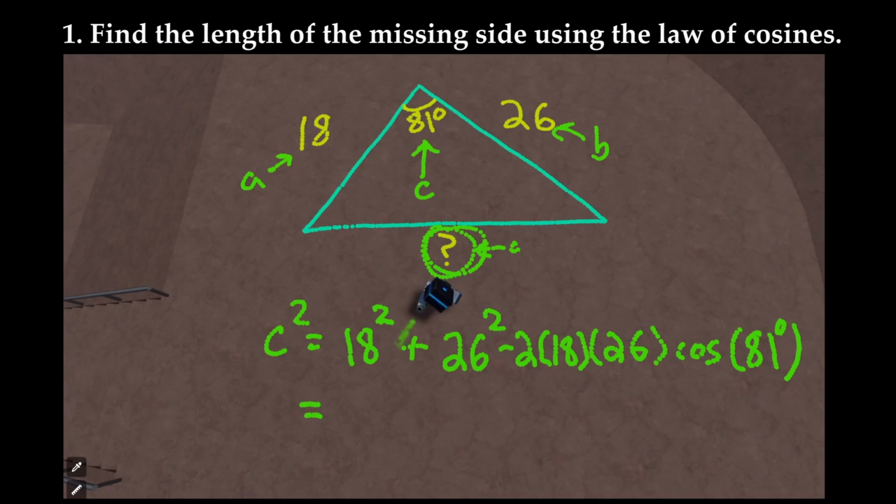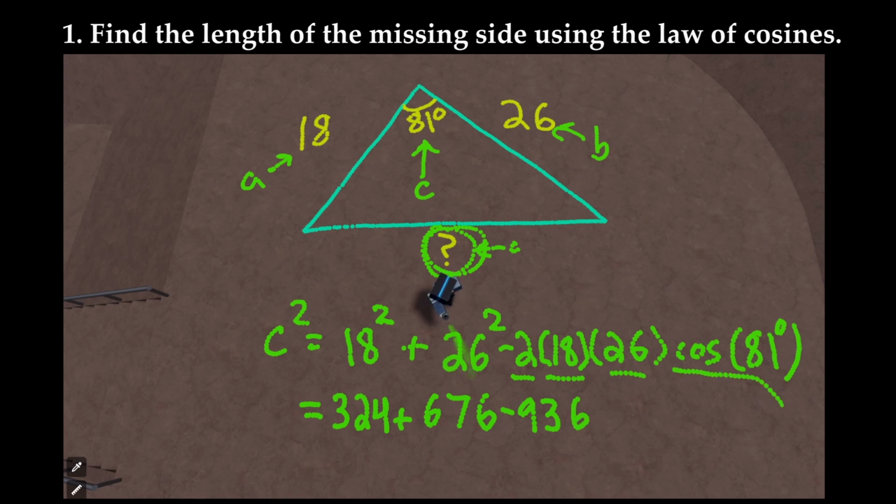So 18 squared is just 324 if you do that. 26 squared is 676. And then if you do 2 times 18 times 26, that's 936. And then if you take the cosine of 81 degrees, you should find that it is equal to 0.156.